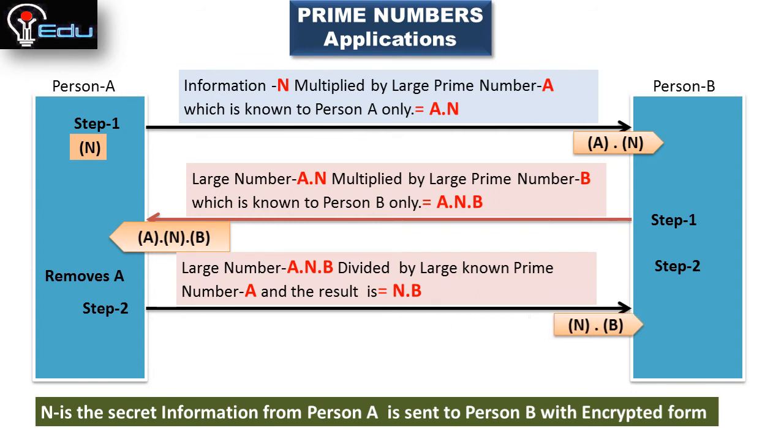Person B already knows the large prime number B, and removes B by dividing the product NB, and the result is the secret information N. So person B receives the secret information N from person A, sent secretly in encrypted form using prime numbers.